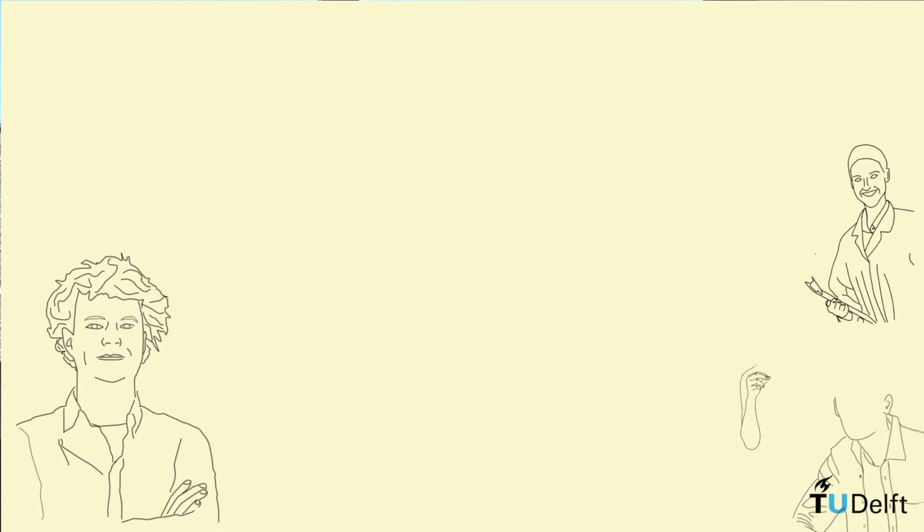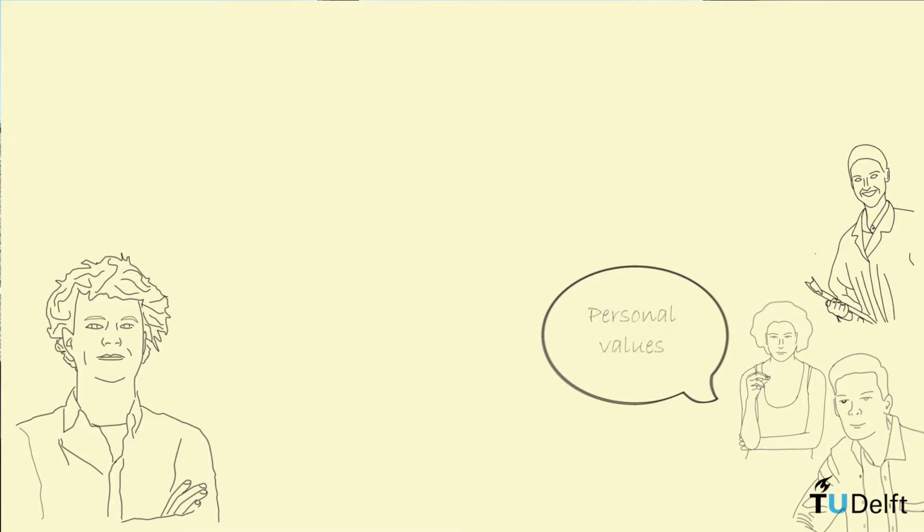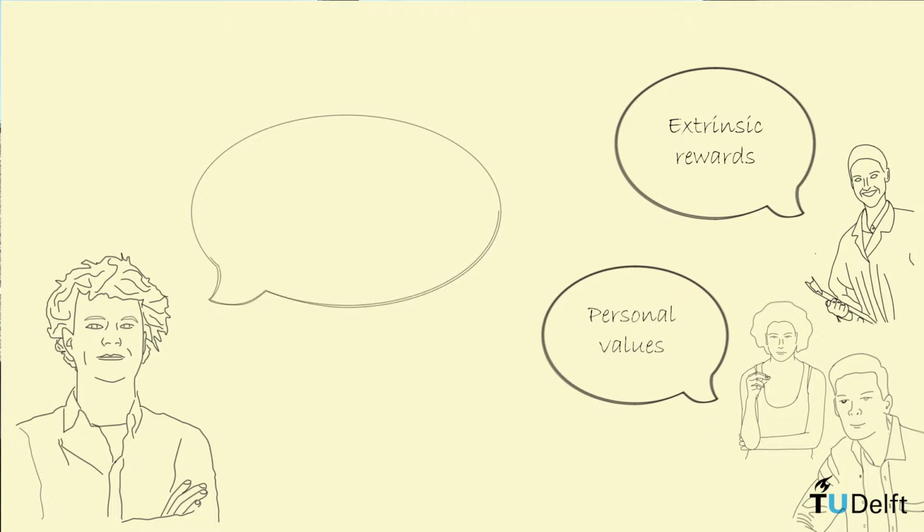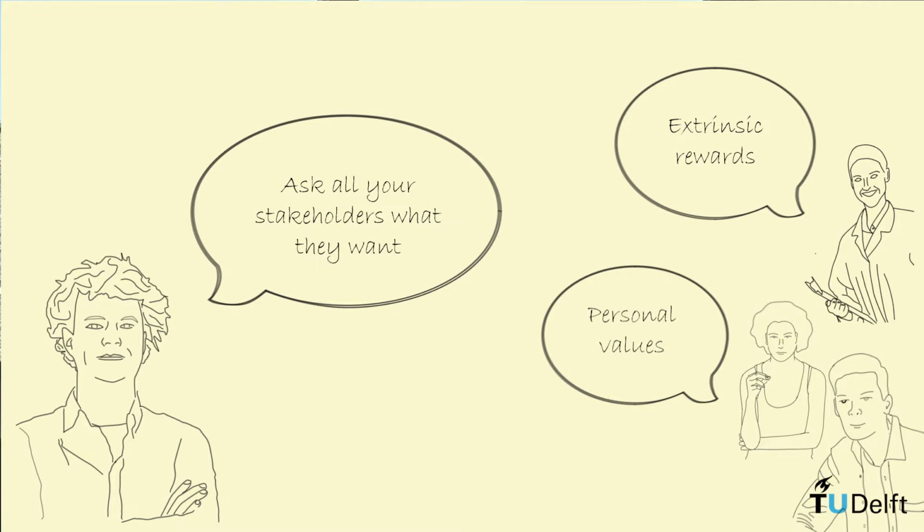The clients said, well, we like personal values, and the staff members said they will like extrinsic rewards. So ask all your stakeholders what they like, and not only one of them, but best to have a lot of different groups. But they both thought that wagers would work well.